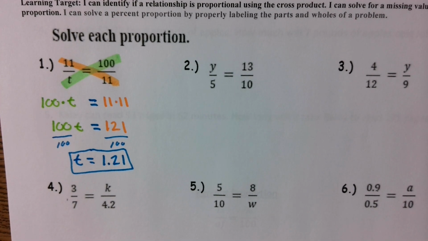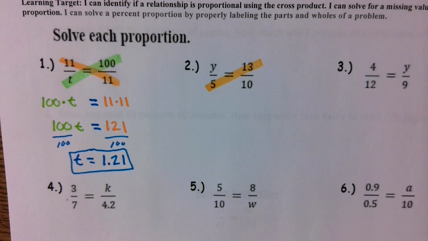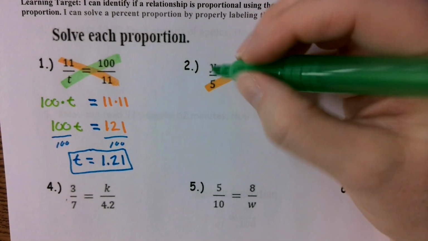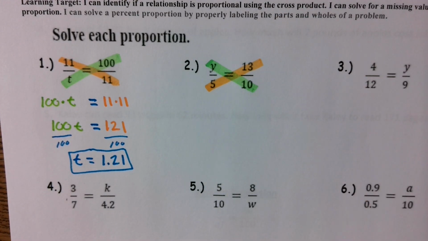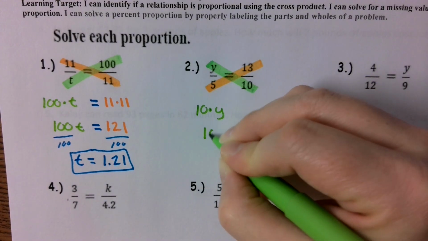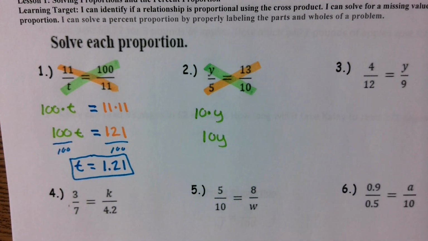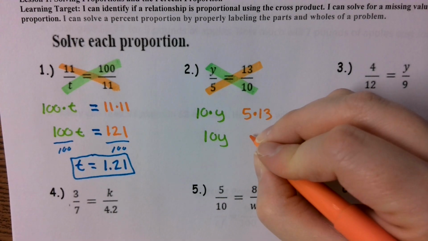Okay, so we'll do one more together again. We are going to do our cross product. So I'm going to multiply 5 and 13 together, and I'm going to multiply y and 10 together. So I know that when I'm creating my equation, I'm multiplying 10 times y, which is going to give me 10y. I am multiplying 5 times 13, which is going to give me 65.